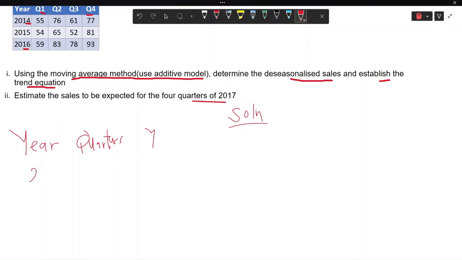We have here 2014, which is quarter 1, and we have quarter 2, quarter 3, and quarter 4, with a value of 55, 76, 61, 77.